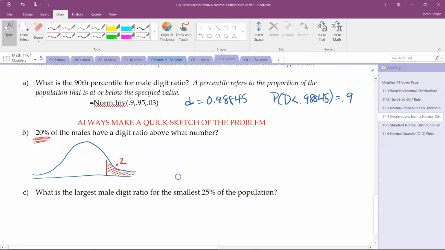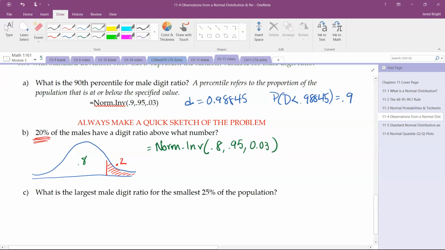Now this is unlike the first one. 90% was below. This is to the right. Well, wait. If 20% is above, isn't there 80% below? So if you know that the area to the right of a value is a certain number, you can just do 100 minus it, or use its complement. So what I'm going to do here is use norm.inv of 0.8, and then continue to use the mean being 0.95 and 0.03 for the standard deviation.